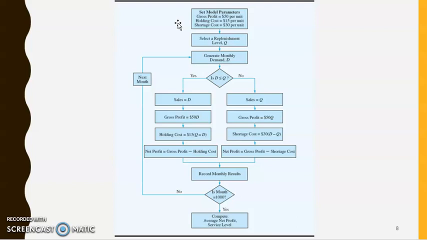So this flowchart that you see in front of you is just a review over everything that we have done together. When you design your simulation model in a good way, for example, if next year the gross profit would be 60 per unit, very easily by changing that part you can have your model completely refreshed without making a new model.